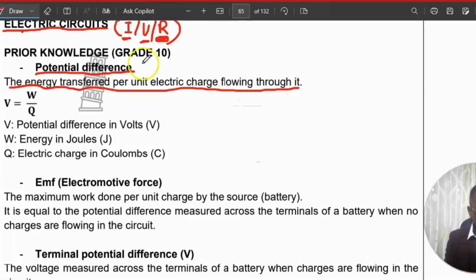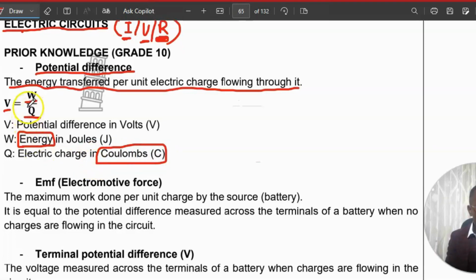Let me help you derive a definition from the formula, because according to the formula, potential difference is work over charge. Now, what is work? Work is energy measured in joules, and electric charge is measured in coulombs. Okay, fine.